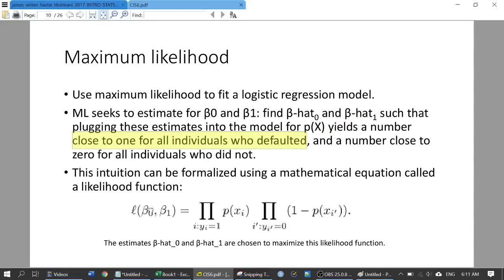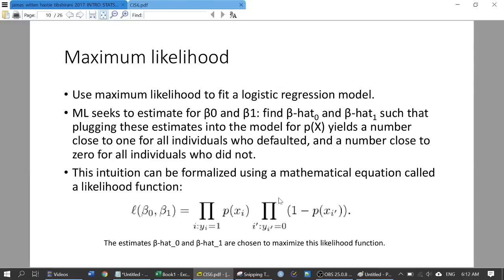So what you try to do here is maximize this likelihood so that p(x) will yield a number close to 1 for all individuals who defaulted, and a number close to 0 for all individuals who did not.